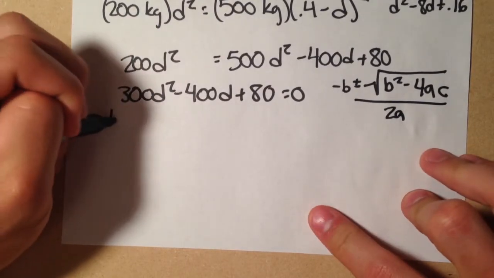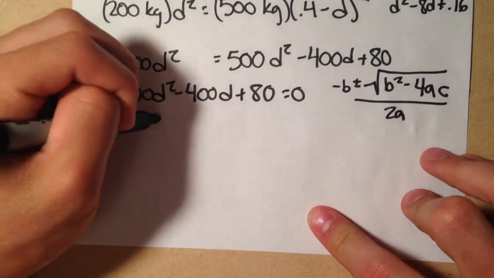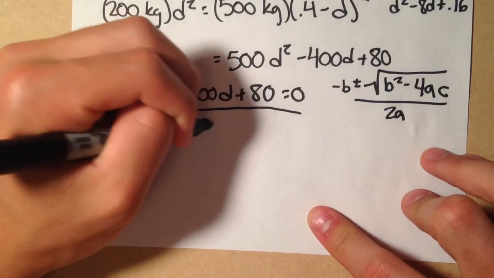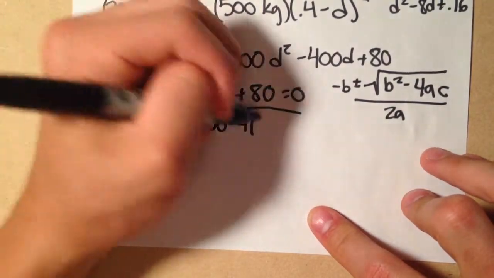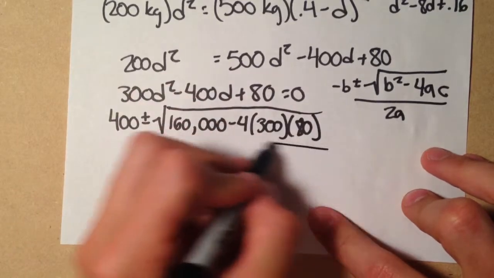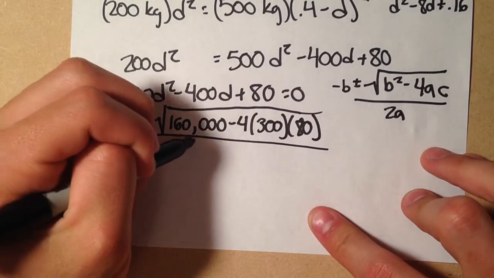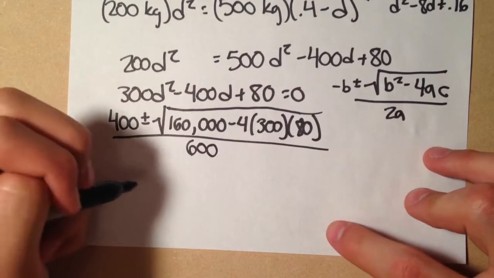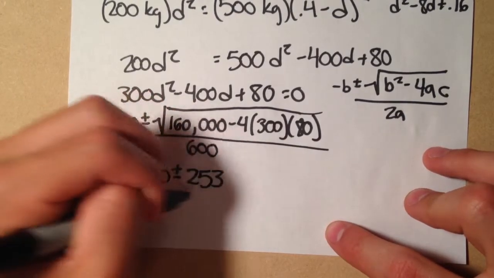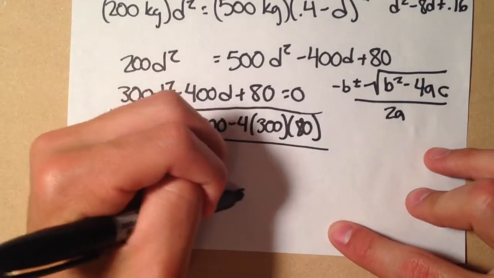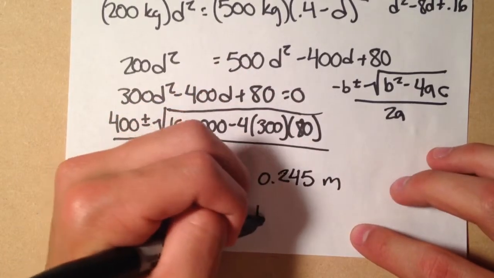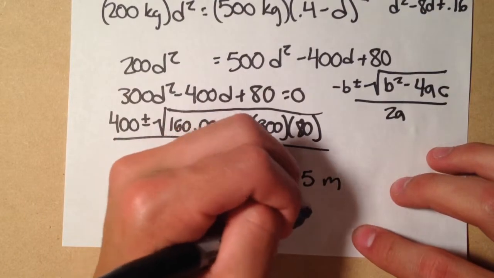We have the opposite of b being positive 400 plus or minus the square root of 400 squared, which would be 160,000, minus 4 times 300 times 80, all over 300 times 2, which would be 600, and this simplifies down to 400 plus or minus 253 over 600, giving us two answers, one being equal to 0.245 meters and the other equal to 1.088 meters.